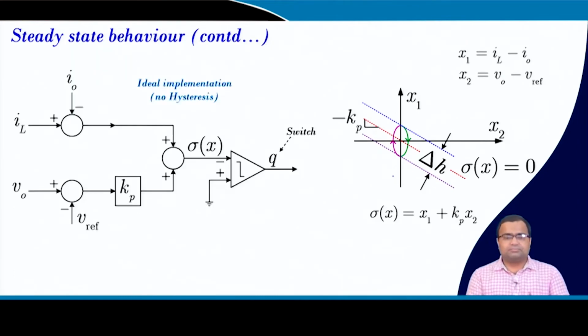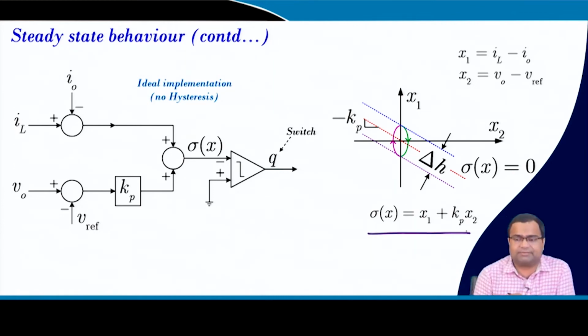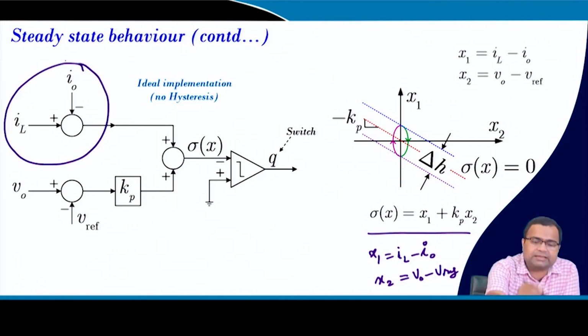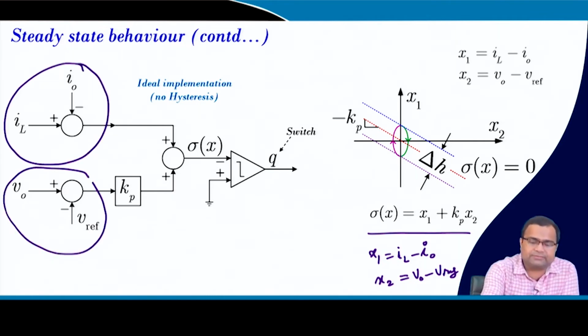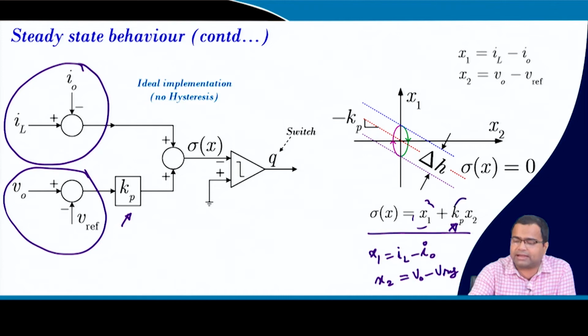Now, if we want to implement our ideal switching surface, since we have taken x1 to be IL minus I0 and x2 to be V0 minus Vref, this is my IL minus I0 and this is my V0 minus Vref, and then we have a Kp here. This is my proportional controller, and these two are added up, and this is my sigma x.